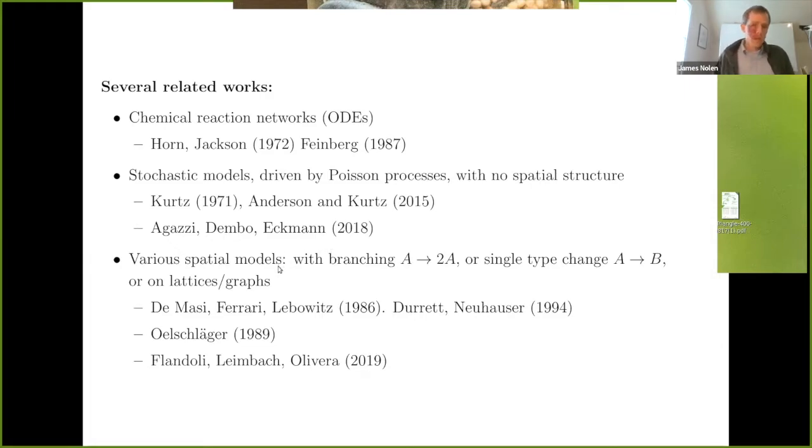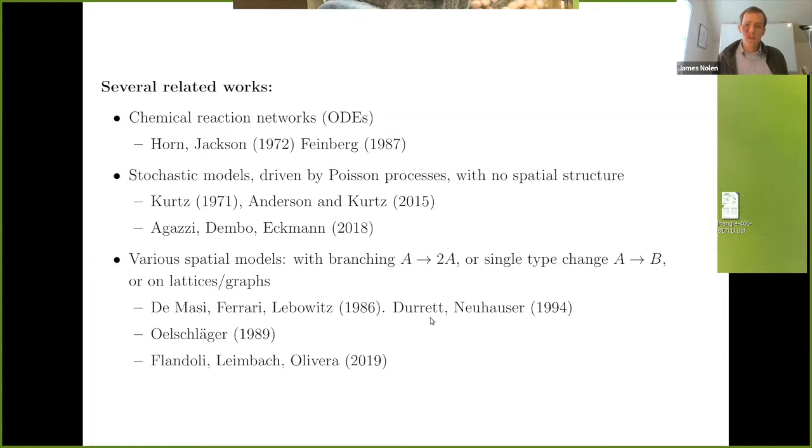As has been discussed already, there are various interacting particle systems with spatial structure that give rise to reaction-diffusion equations of various types. For example, the work of De Masi, Ferrari, and Lebowitz has been mentioned. They study spin systems, an exclusion process on a lattice, and its convergence to a scalar reaction-diffusion equation.